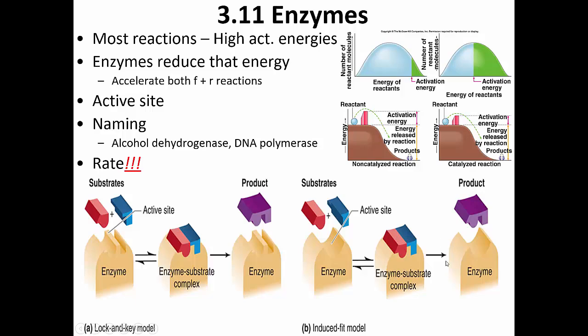However, we do also notice that when a substrate binds to the active site of an enzyme, we do see a slight change in the shape of the active site of the enzyme as the result of that binding. So this is sometimes confusing as we start to think about this particular idea because these two statements seem to be telling us contradictory things. Interestingly, though, our best data indicates that both of these are simultaneously true.